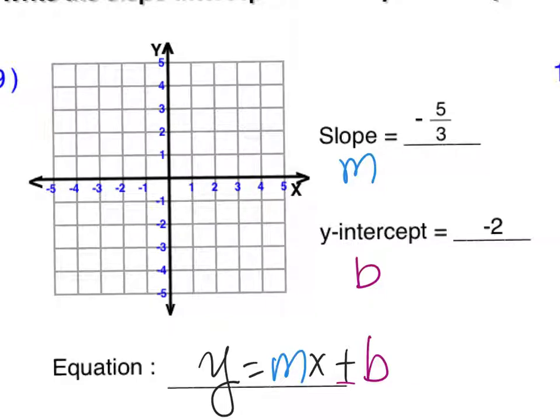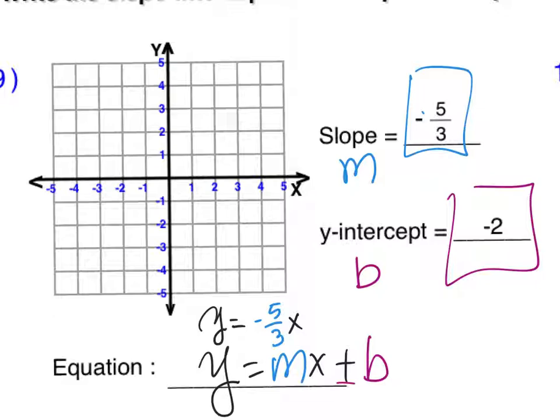Your slope is negative, so your new equation is going to be y equals -5/3 x. And then what's your b? What's your y-intercept? Oh, it's -2. And there you go. So I can give you a slope and a y-intercept and you create the equation, because you know this goes there and this goes there.